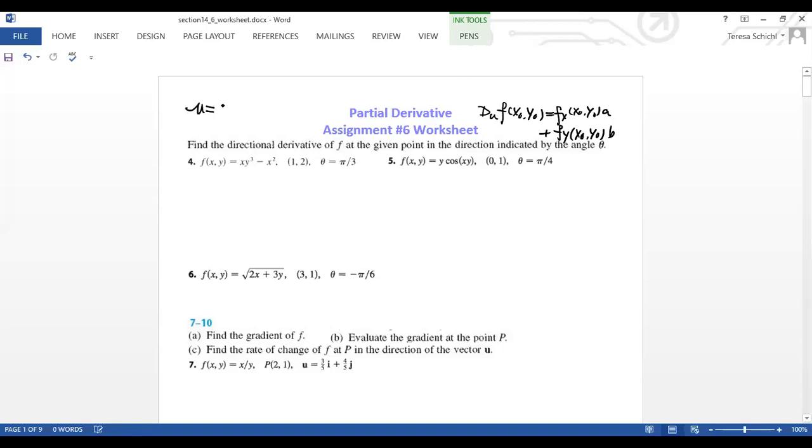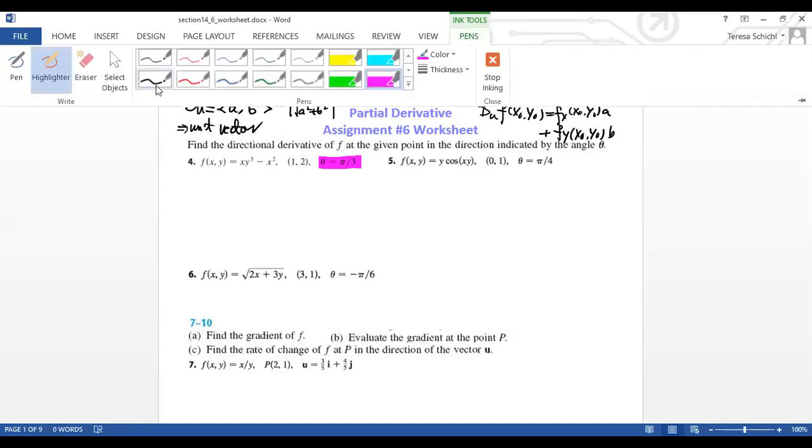What is AB here? U is a vector, right? So we say it's the AB. But u has to be what type of vector? Unit vectors, right? This is what we learned. That means the square root of A squared plus B squared has to be equal to 1. Now we find the directional derivative at this point, 1, 2, and theta is equal to pi over 3. Instead of giving us the vector, they say this vector has theta equal to pi over 3.